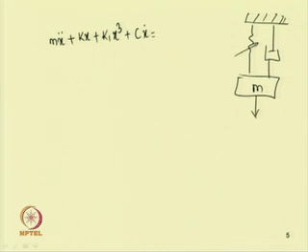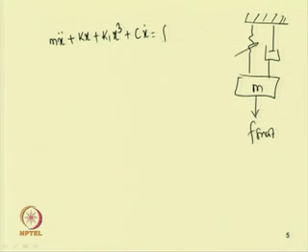For example, consider a simple spring mass system which can be represented by a Duffing equation. If we consider a nonlinear spring, the equation can be written as m x double dot plus k x plus k1 x cube plus c x dot equal to f sin omega t, if a force f sin omega t is acting on the system.